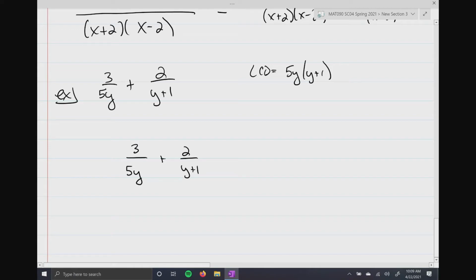is I'm going to multiply the first fraction and the second fraction by whatever I'm missing in my denominator. In other words, in the first denominator, I got the 5 times y. What I need is a y plus 1. And in the second denominator, I already have the y plus 1. I need the 5y.